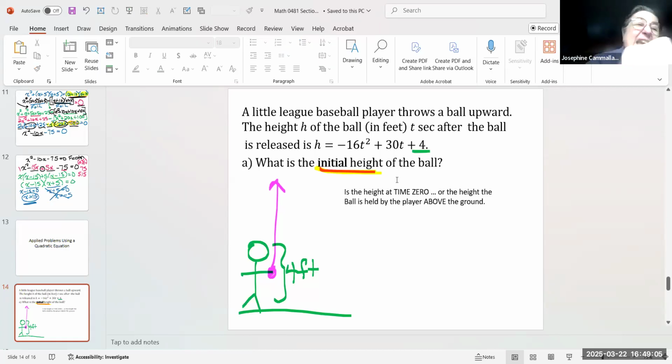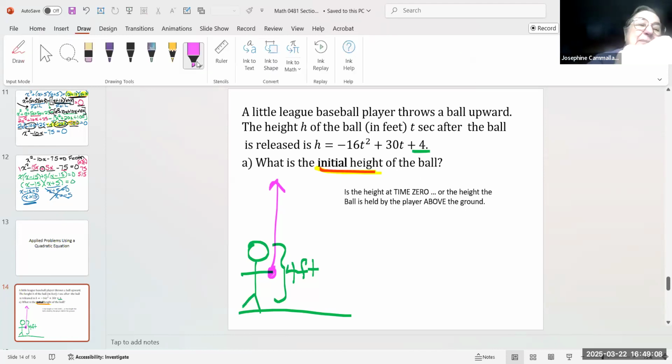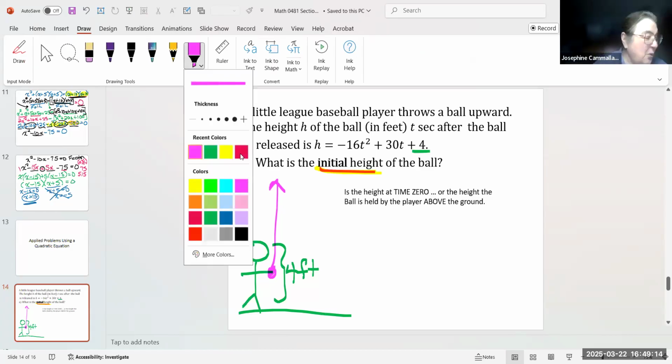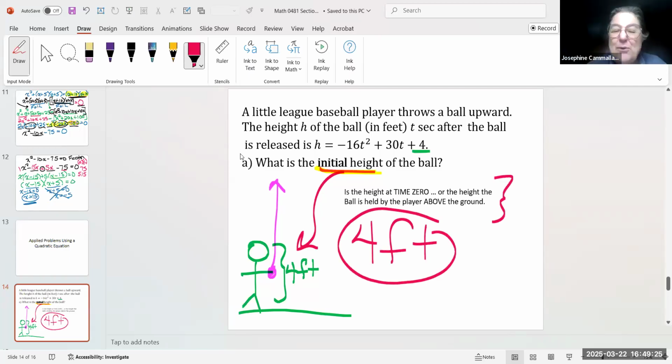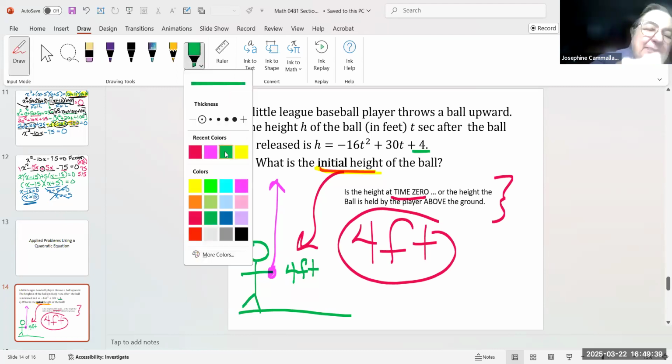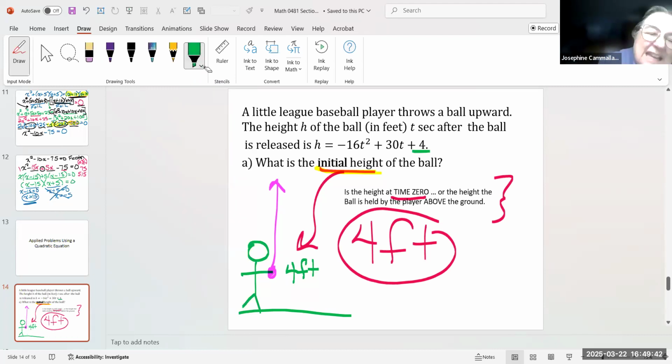So that means my initial height is going to be 4 feet, because the height at time 0 means before he even throws the ball. And probably I should make a little better picture here. This 4 feet is from this ball to the ground.